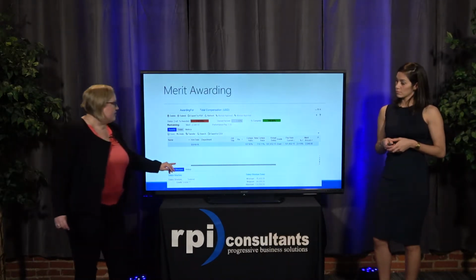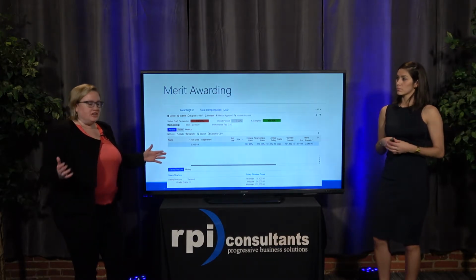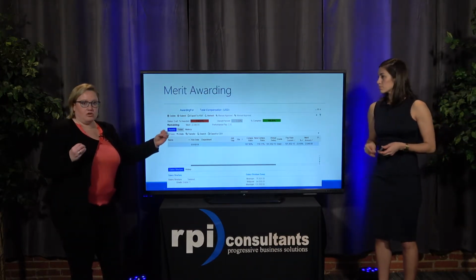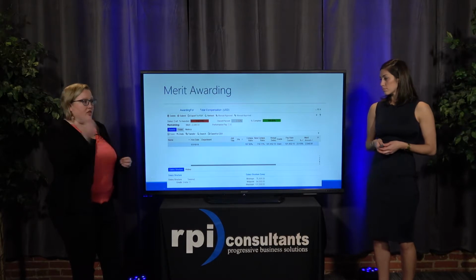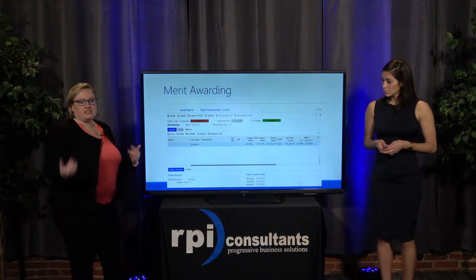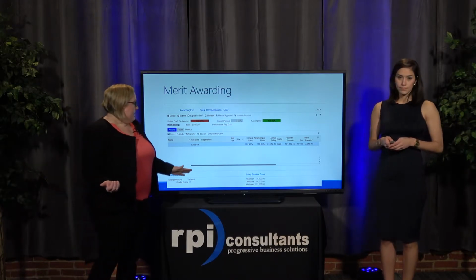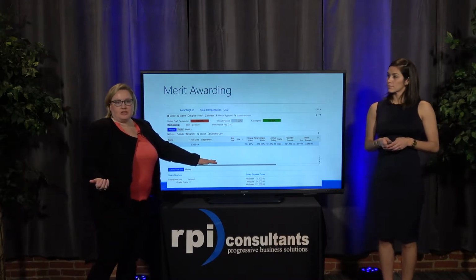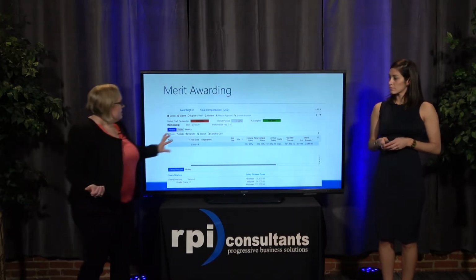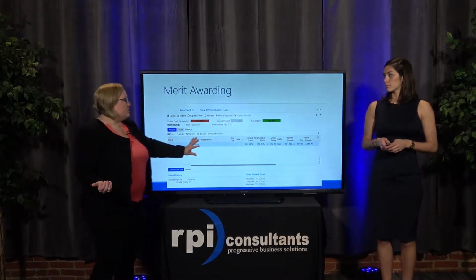You also can have guidelines for what's an acceptable increase given certain things like their overall performance rating and where they are in the range. You can also pull in history if you want to show the last 3, 4, 5 years of performance appraisal ratings. There's a couple other tabs here that populate depending on your configuration, but generally, you've got what managers are used to seeing in a spreadsheet format here.